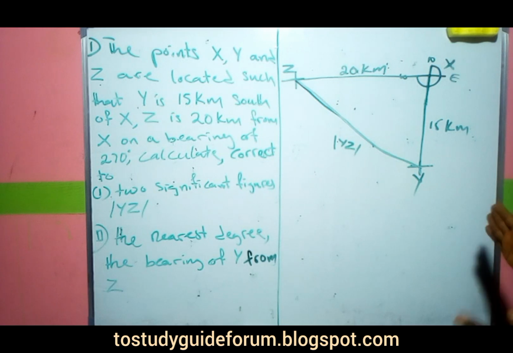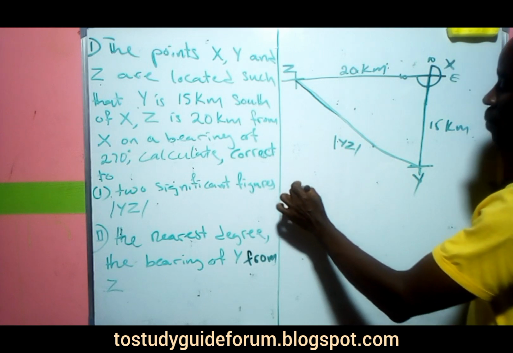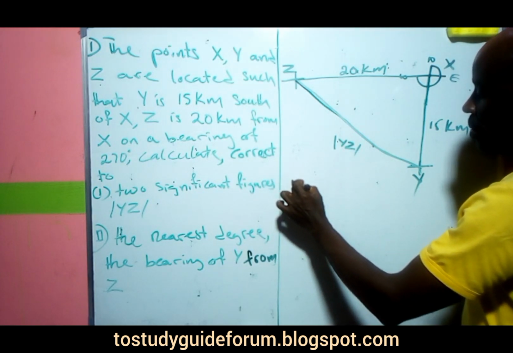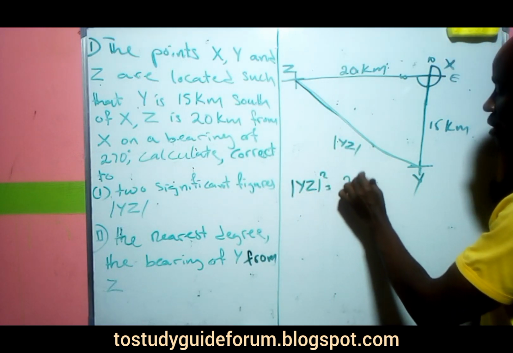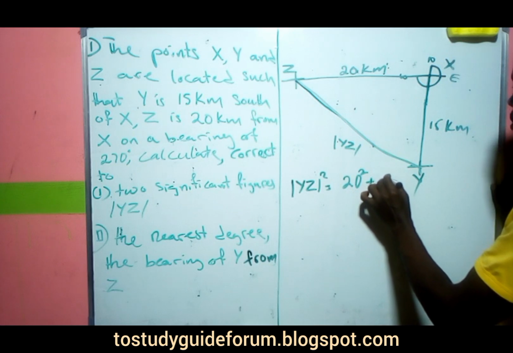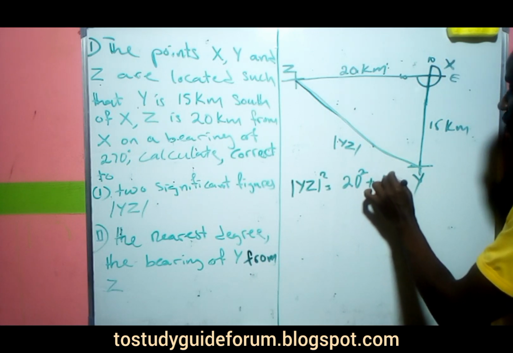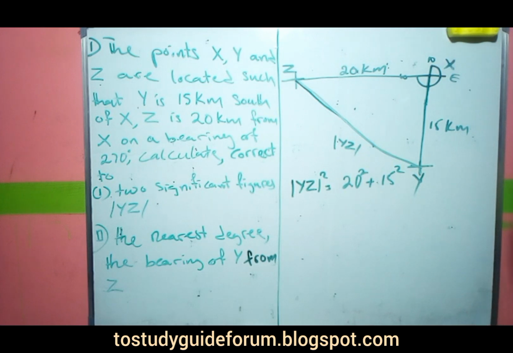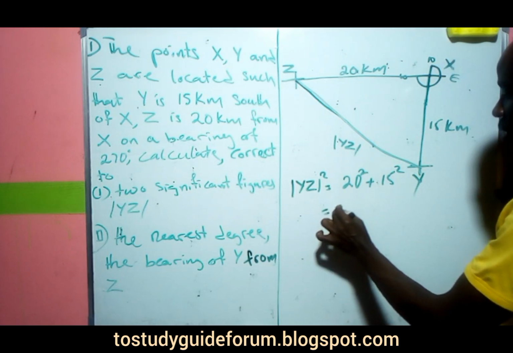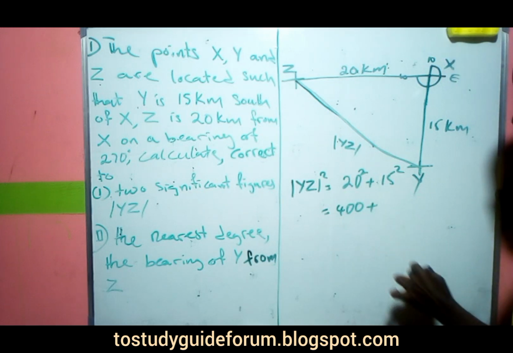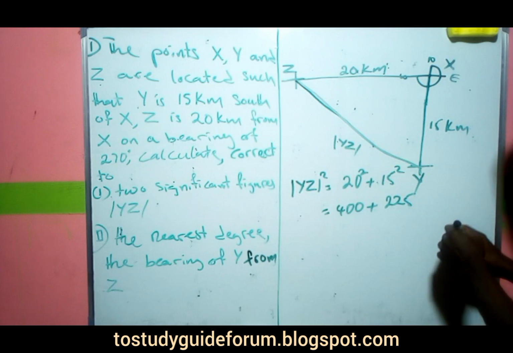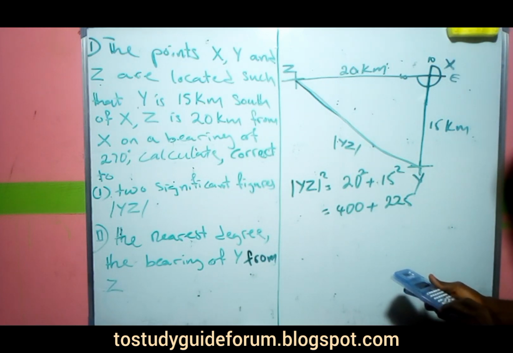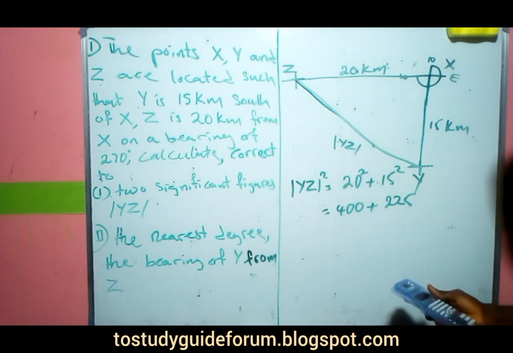But the fastest method of doing this is just to go by Pythagorean's principle, where we have YZ squared is equal to 20 squared plus 15 squared. 20 squared will give us 400, plus 15 squared, that will give us 225. Let me just confirm. Okay, 225, yes.